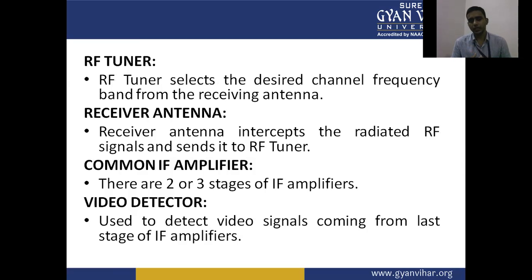After tuning to the particular signal band, the signal can be received by the receiver. Our frequency is matched between the transmission and the receiver. The receiver antenna intercepts the RF signal radiated by the transmitter and sends it to the RF tuner.